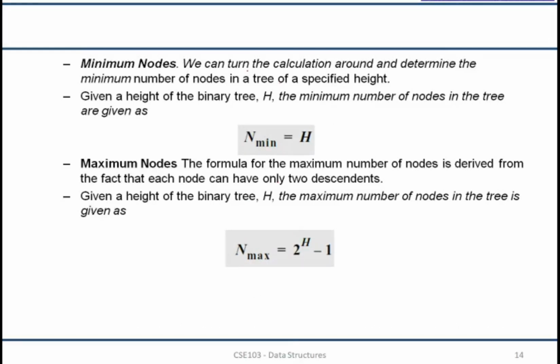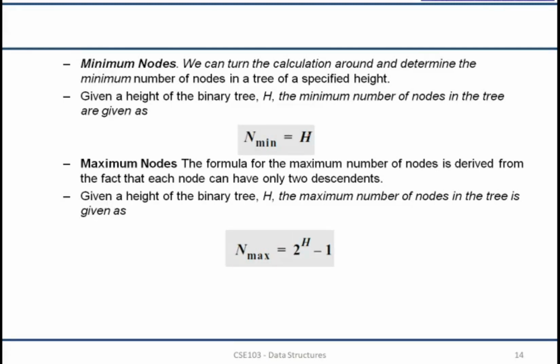First, minimum nodes: we can turn the calculation around and determine the minimum number of nodes in a tree of a specified height. Suppose the height is given as 3. Then what is the minimum number of nodes we can store? It is equal to the height.